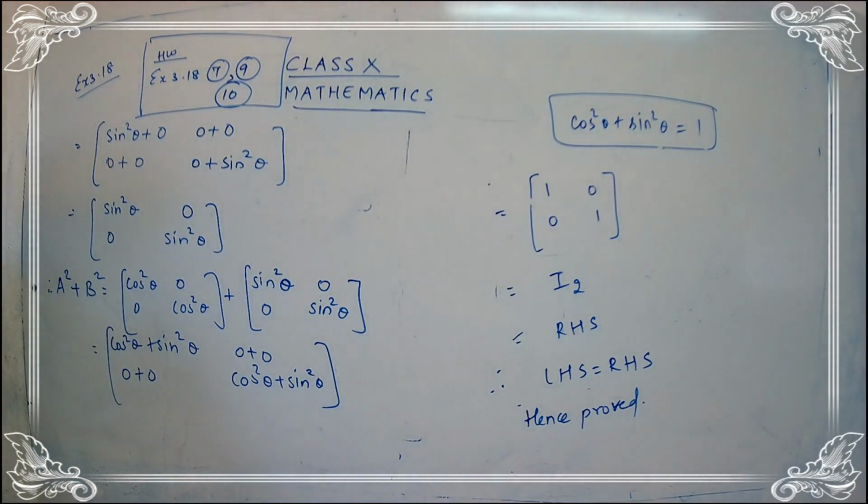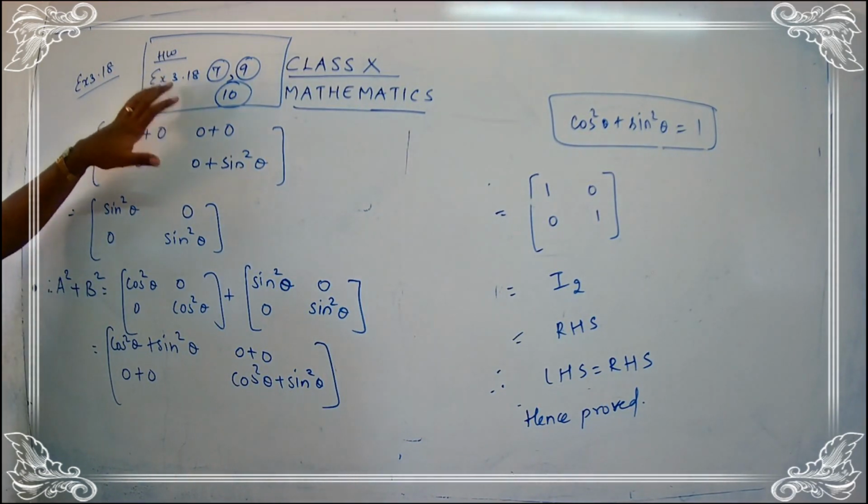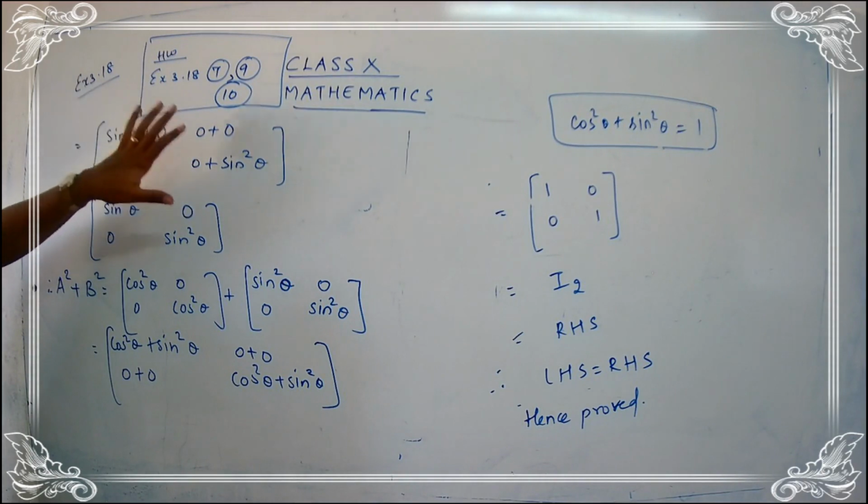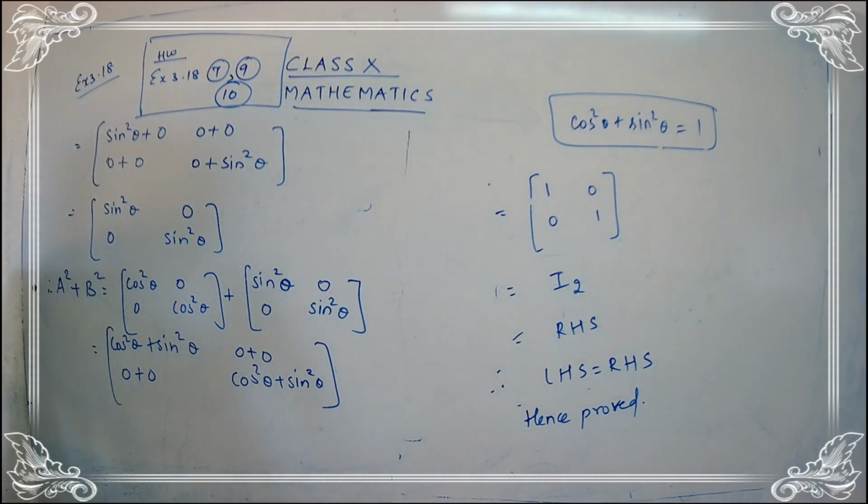So suppose you start the unit exercise from today, your homework will be from exercise 3.18, 7, 9, 10, along with these 3 sums every day. Totally how many sums do you have here? You have totally 17, 18, 19, 20 sums.